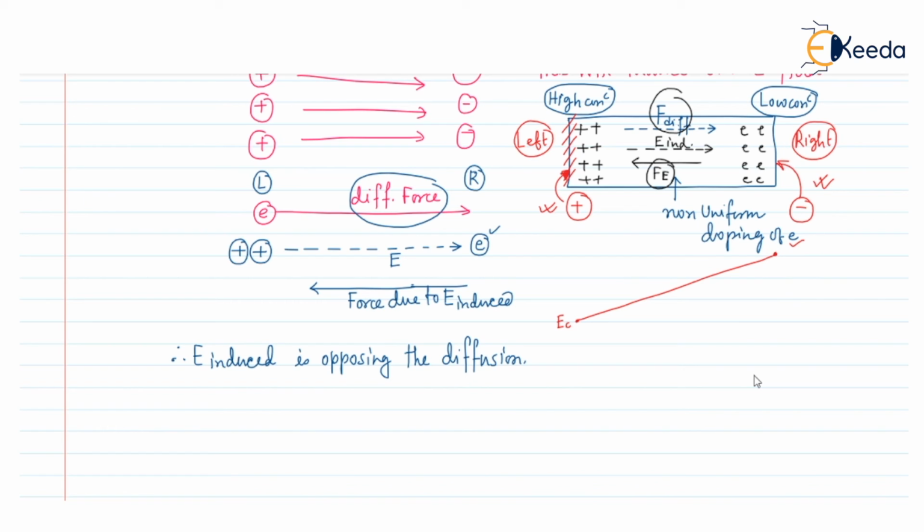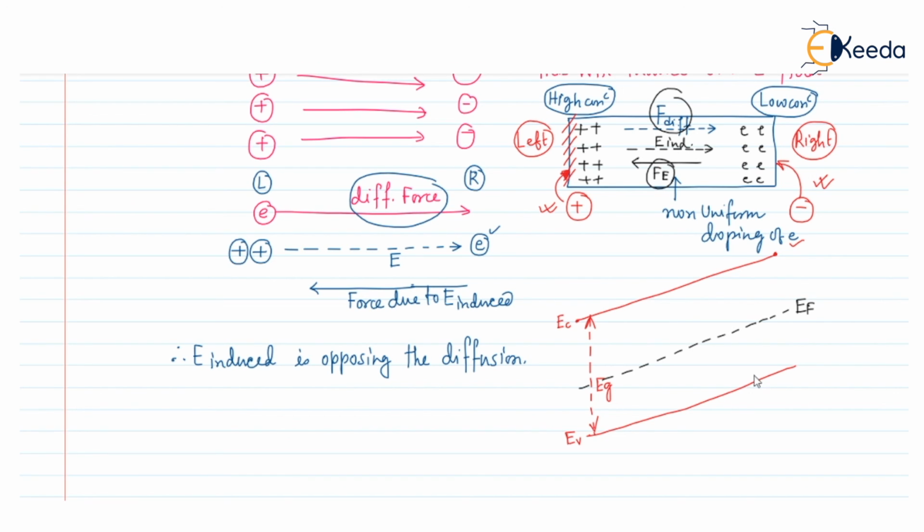Similarly, the EV will be the same, because we have to maintain this, this is the EV, the maximum energy of the valence band. It will be parallel to the EC, because this gap is nothing but the band gap EG. The band gap cannot be changed, and in the middle position of this band gap there will be the intrinsic Fermi level.